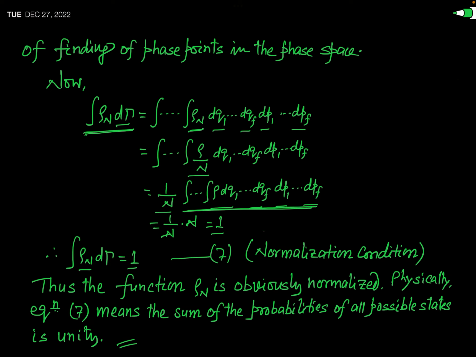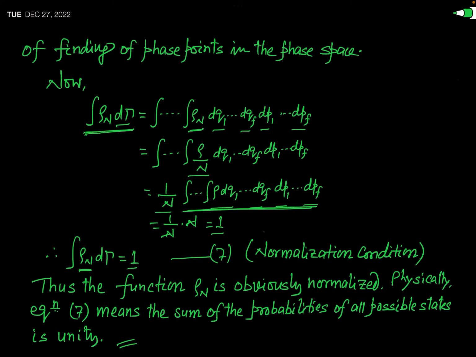Now what does the result defined in equation 7, the normalization condition, actually mean physically? When you integrate rho n over all phase space, or the complete volume of the phase space, and the result is 1, what does it mean? It means the total probability of finding a phase point in the phase space is equal to 1.